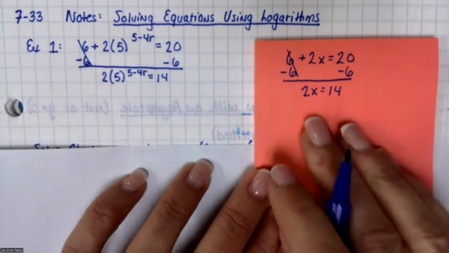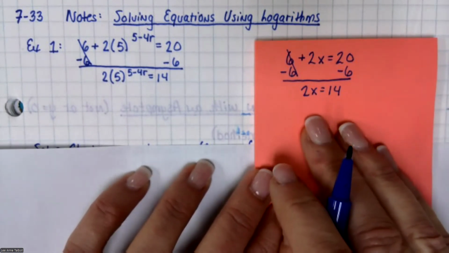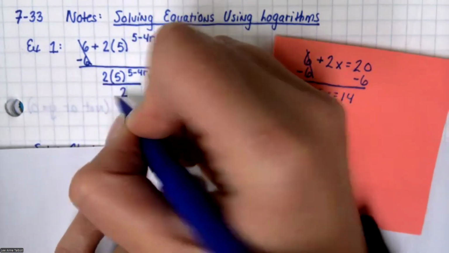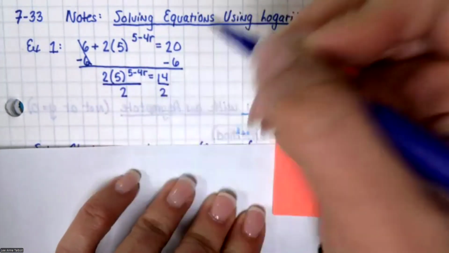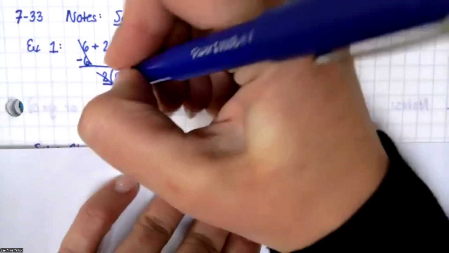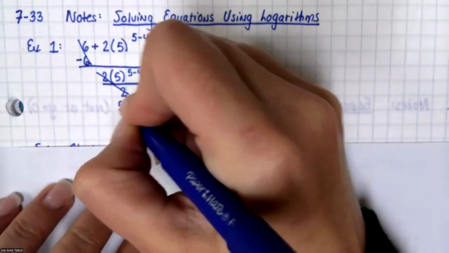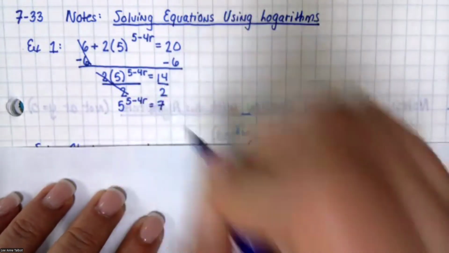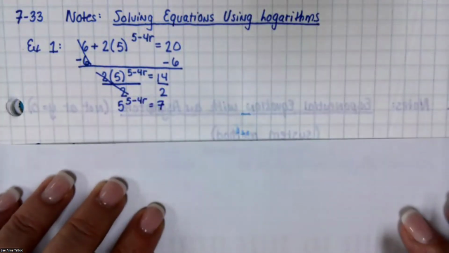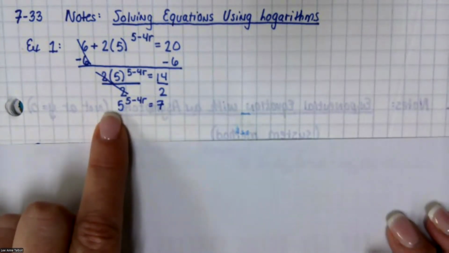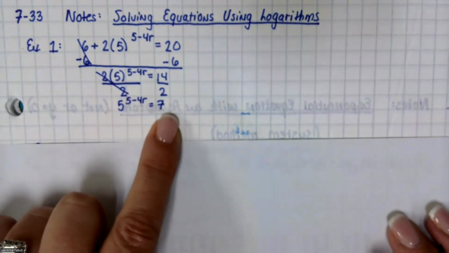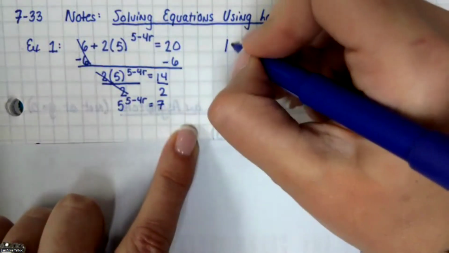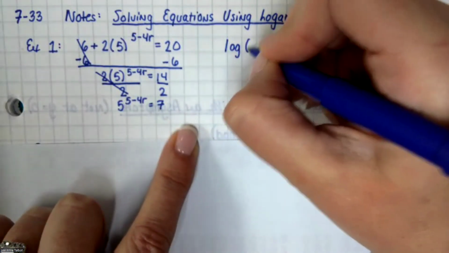Okay, now if I was doing this problem, what would I do next? Okay, and now I've gotten it down to a base, exponent, and answer, and now I can get the squirrel out of the tree. So perfect.